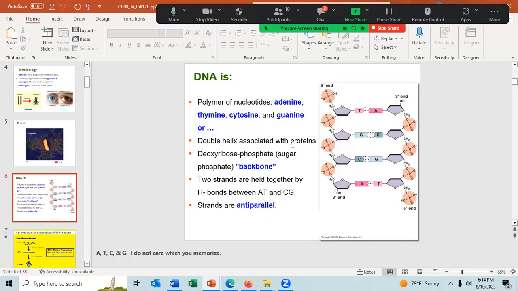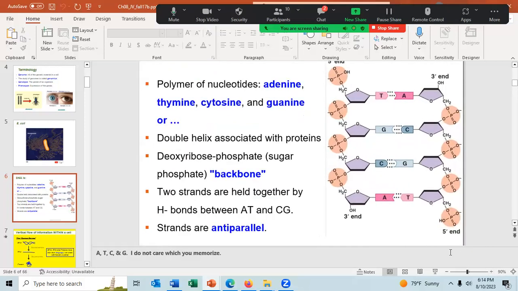DNA is a double helix, meaning it has two DNA strands. Each single strand of DNA, let me blow this up, is held together by the sugar, deoxyribose, phosphate backbone.